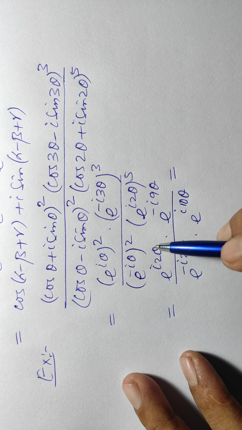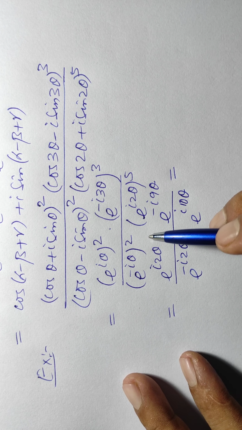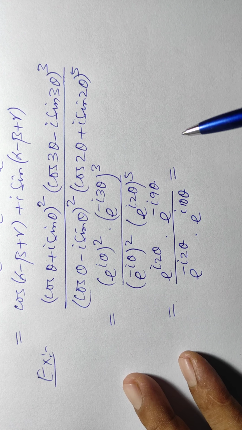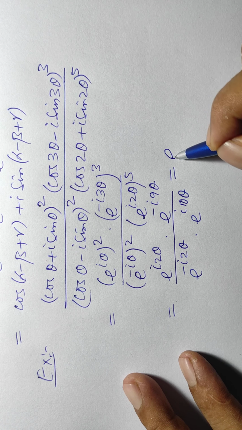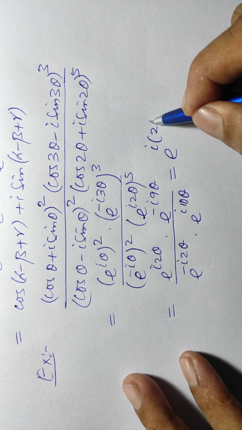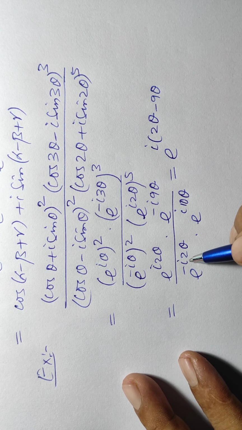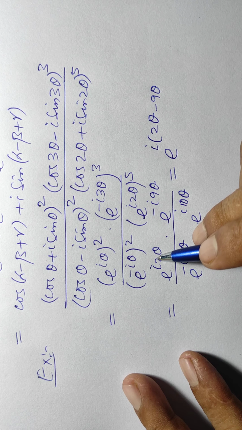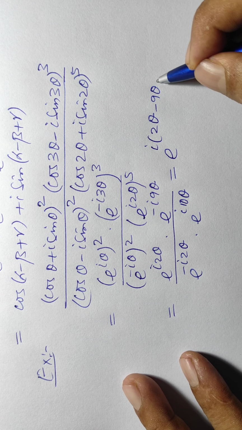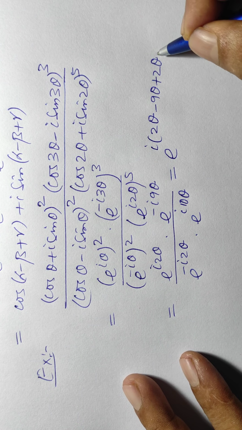In the numerator, the powers should be added and the denominator powers should go to the numerator, changing the sign. Okay, so e to the power, take i common, 2 theta minus 9 theta, and negative sign is there. While going to numerator, it will become positive, plus 2 theta, and here it is 10 theta, so it will become minus 10 theta.